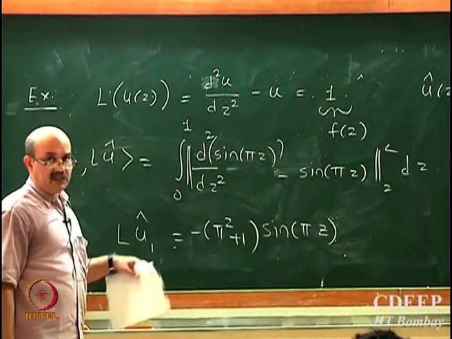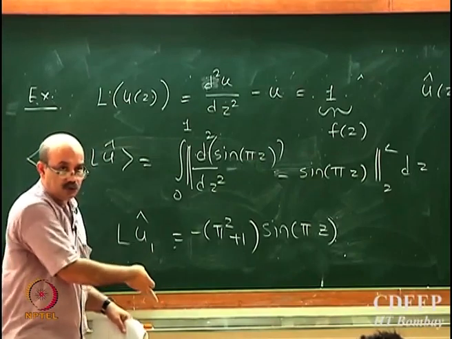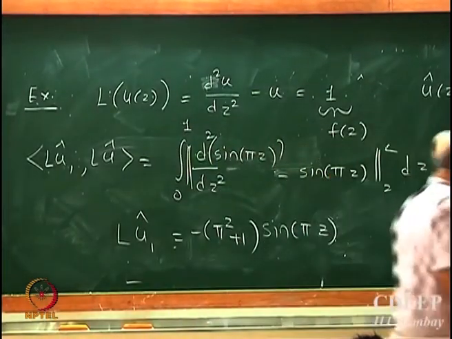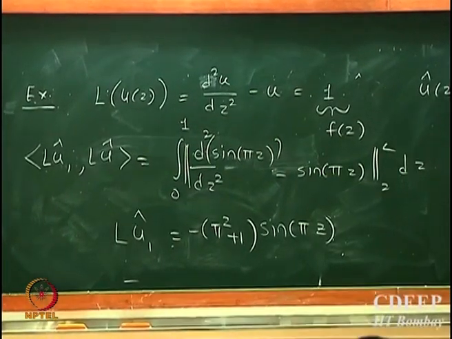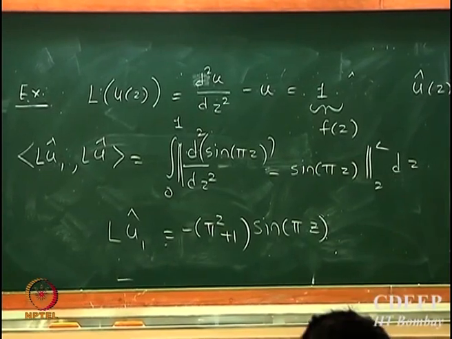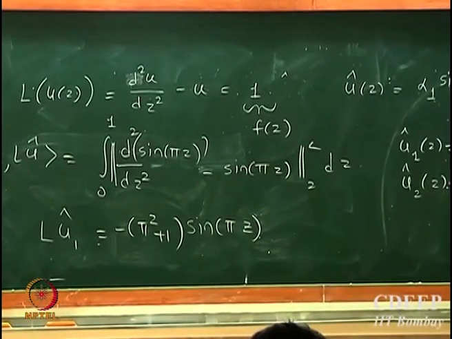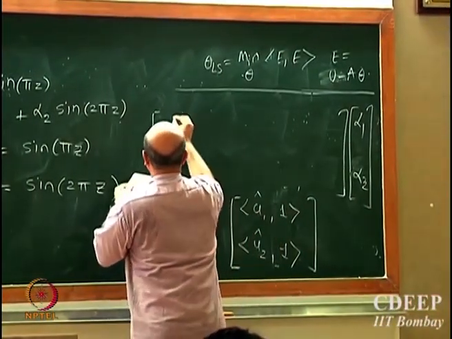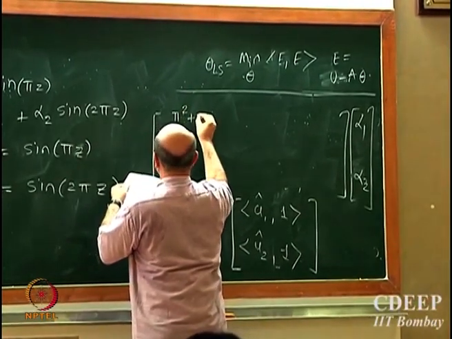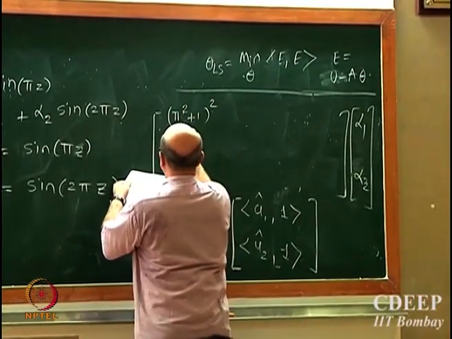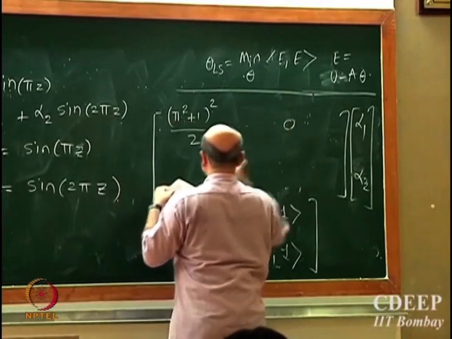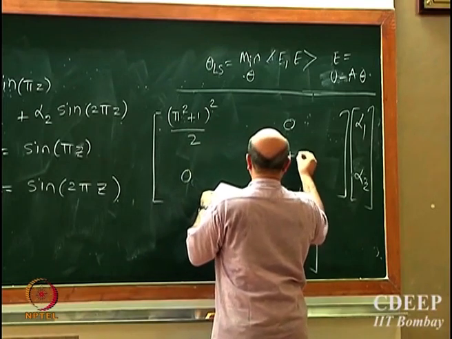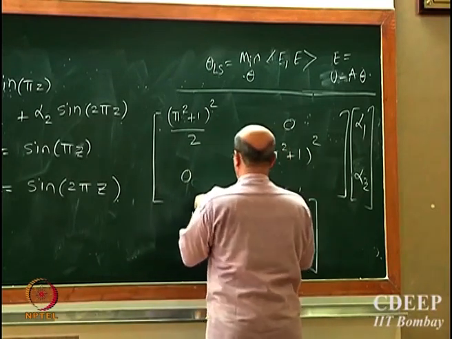You can also show what L u2 is, and then you just have to find those integrals. If you find those integrals, you will get (pi squared plus 1) whole squared by 2, 0, 0, and (4 pi squared plus 1) whole squared by 2.